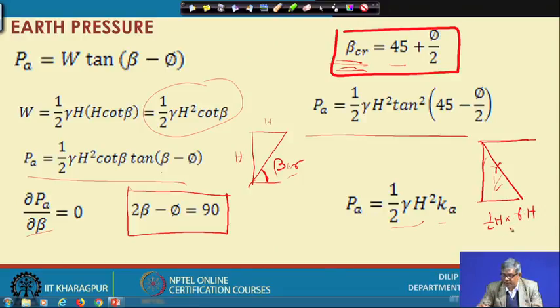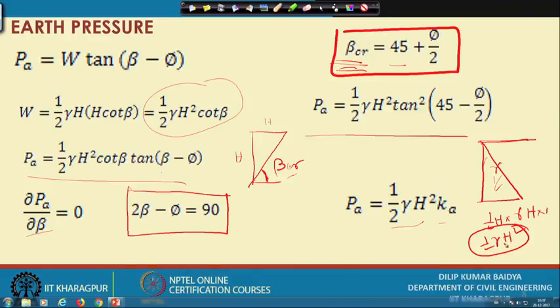Half h into gamma h, and if you take unit width, that becomes half gamma h square, the pressure thrust. You can see that if I do not do anything, I am getting half gamma h square, and additionally I am getting tan square 45 degrees minus phi by 2.